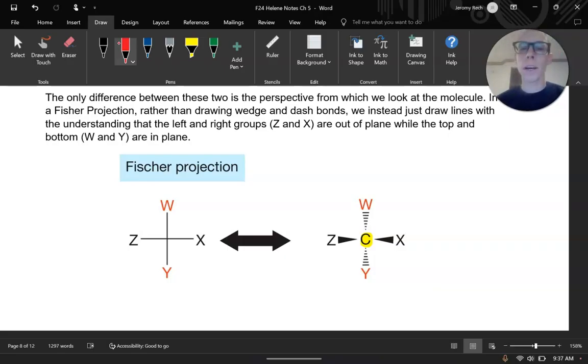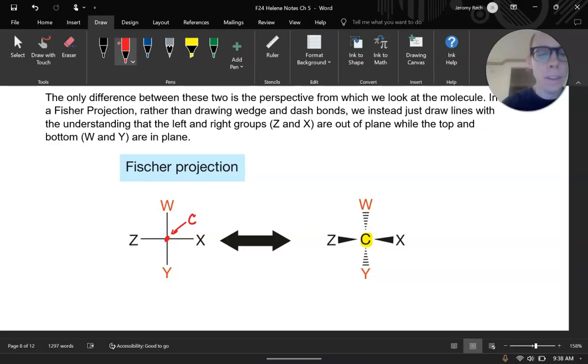So for a Fisher projection, we're just going to draw normal solid lines, but have an understanding that things on the top and bottom are going to be dashes and things on the left and right are going to be wedges. So a Fisher projection is going to look like the image on the left-hand side, where we have a cross. We know that this apex right here is where our carbon is.